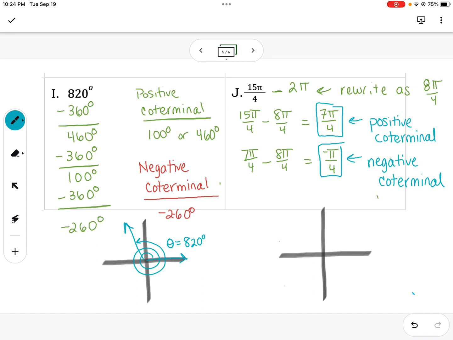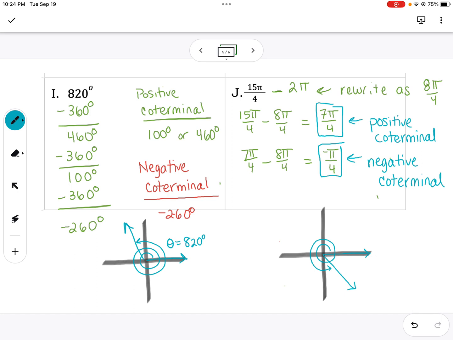All right, and then last but not least, 15 pi over 4. All right, so we're doing a positive rotation, so it looks like we're going to go around once, and then I need to get to 7 pi over 4, so it means I need to go most of the way around and land in the 4th quadrant, okay?